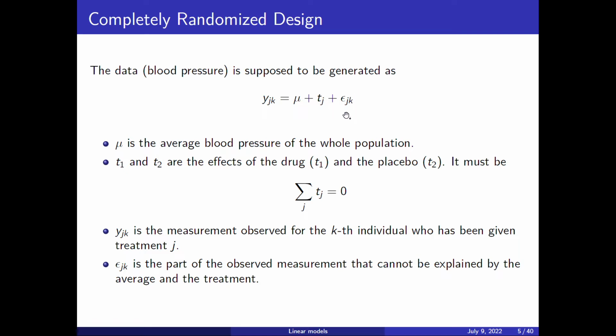And there is a constraint in all these linear models, that the sum of the treatments has to be 0, and we will see it in more detail in the next slide.